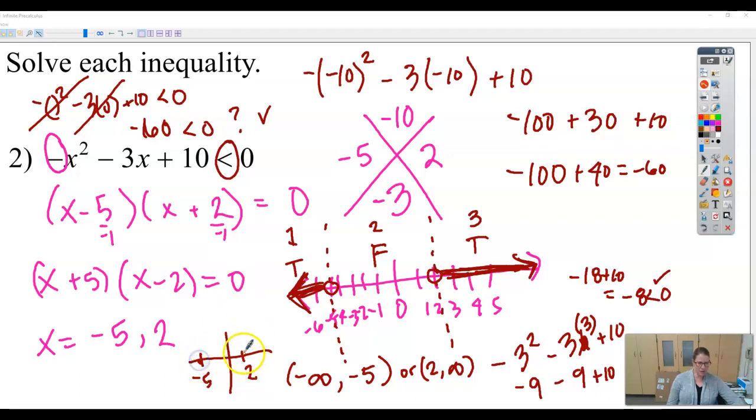Those are the 2 points it's crossing. I know because it's negative out front that it's been flipped over, so it looks something like this. See how it's positive here and it's negative on the ends? That's what we just showed with our inequality. Okay, so let's just do one more example.